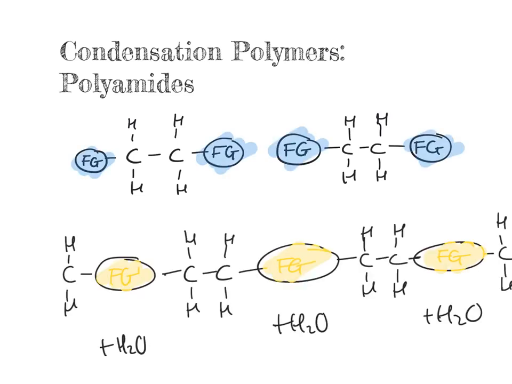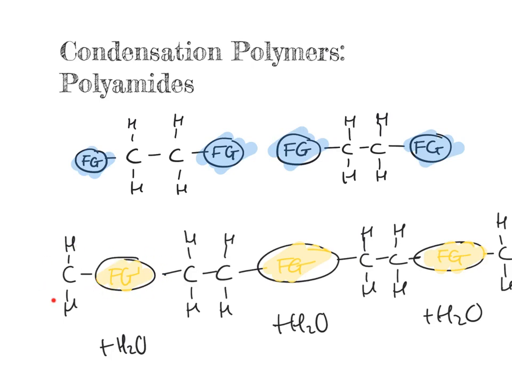So you can consider condensation polymers to work something like this, where we've got the one molecule, 2 functional groups, another molecule, 2 functional groups, and this will go on and on and on. We'll have many of these. 2 functional groups will combine together, and the same will happen here with the molecule next to it, and the same will happen here to give you a larger functional group, a linking functional group.